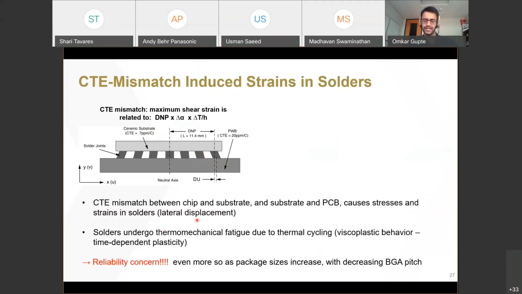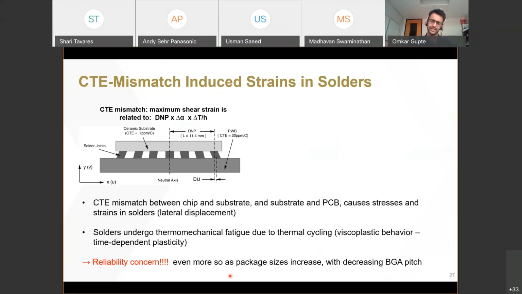So the CTE mismatch between the chip, substrate and PCB causes stresses and strains in these solders. And because of these stresses, when the packages are cycled from low to high temperature, the solders undergo thermomechanical fatigue, and because of these high stresses, they can lead to cracking in these solders. So it is a major reliability concern.